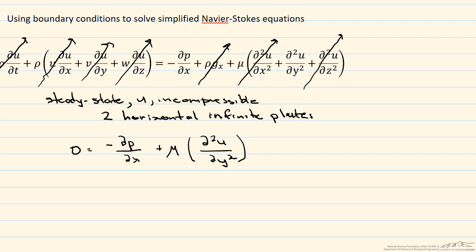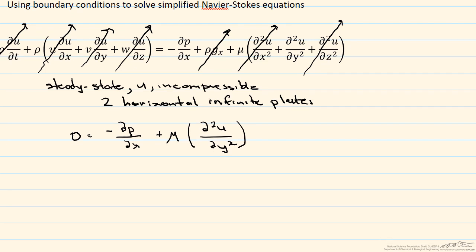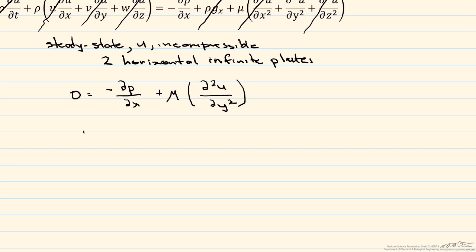So assuming that pressure is not a function of x, we can write it as a constant, and moving all the non-partial derivative terms to one side, what we end up with is that 1 over mu dp dx is equal to d squared u dy squared.